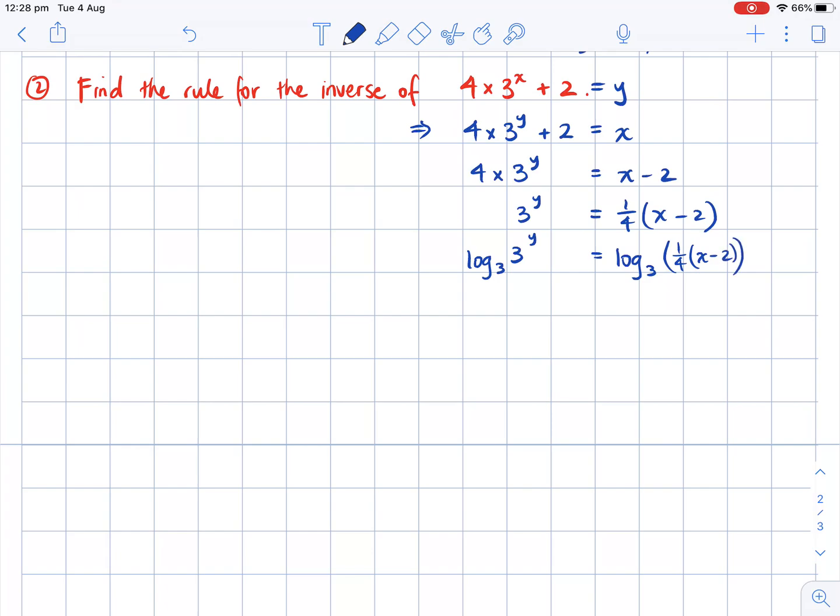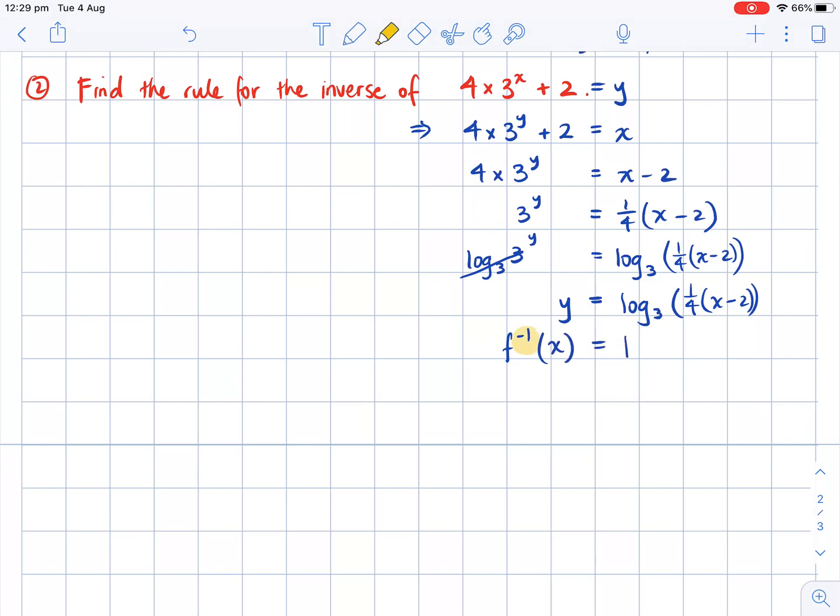On the left hand side, the log 3 and the 3 cancel each other out, and I'm just left with y equals log to the base 3 of 1/4 x minus 2. And this is my inverse function. Now for inverse functions, the one extra step that I need is I write it, instead of f of x, I have f to the minus 1 of x.